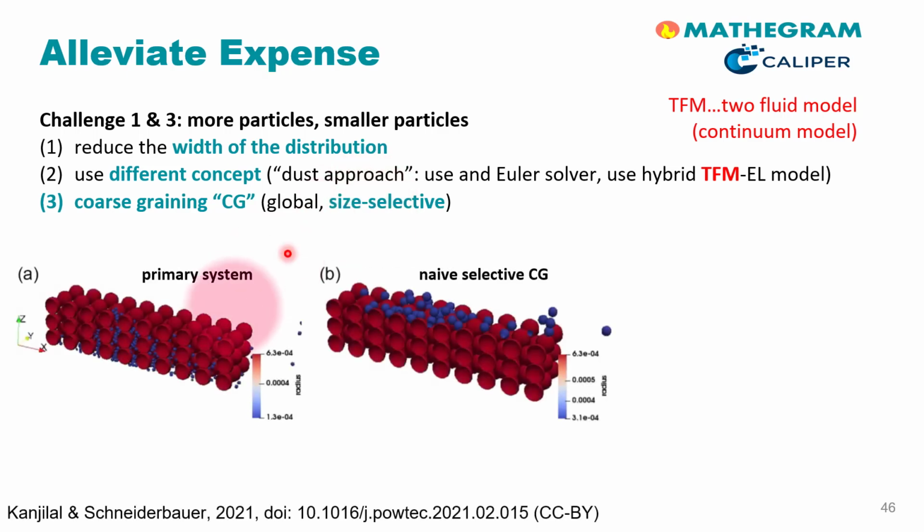As you can see here in the images taken from the work of Can-Gilal and Schneiderbauer, if we do a naive size-selective coarse graining, shown here in the center, we simply make small particles larger but keep their volume fraction identical, so we reduce the number of small particles.